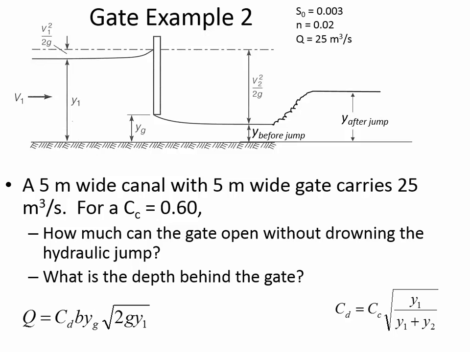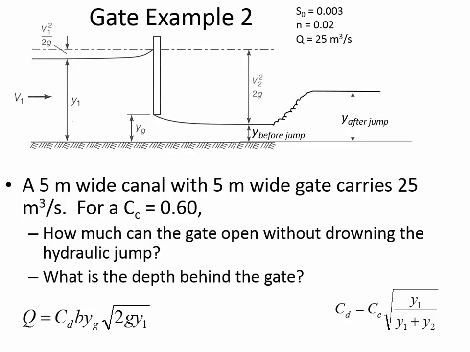If we substitute in the numbers that we know, 25 cubic meters per second is equal to 1 over n, 5 times the normal depth to the 5/3 power. And the 5 is based on the channel width. 5 plus 2 y sub n to the 2/3 power, and then the slope of 0.003 to the 1/2 power.